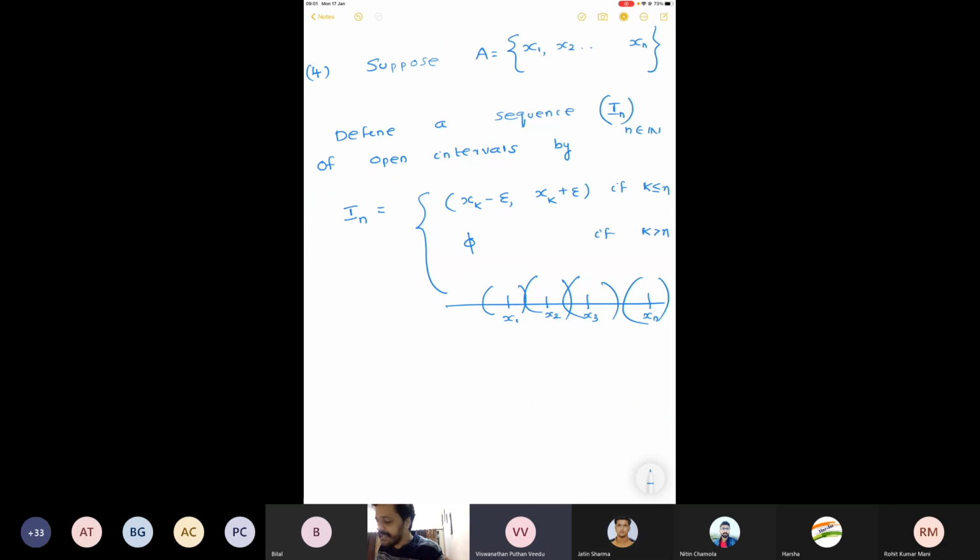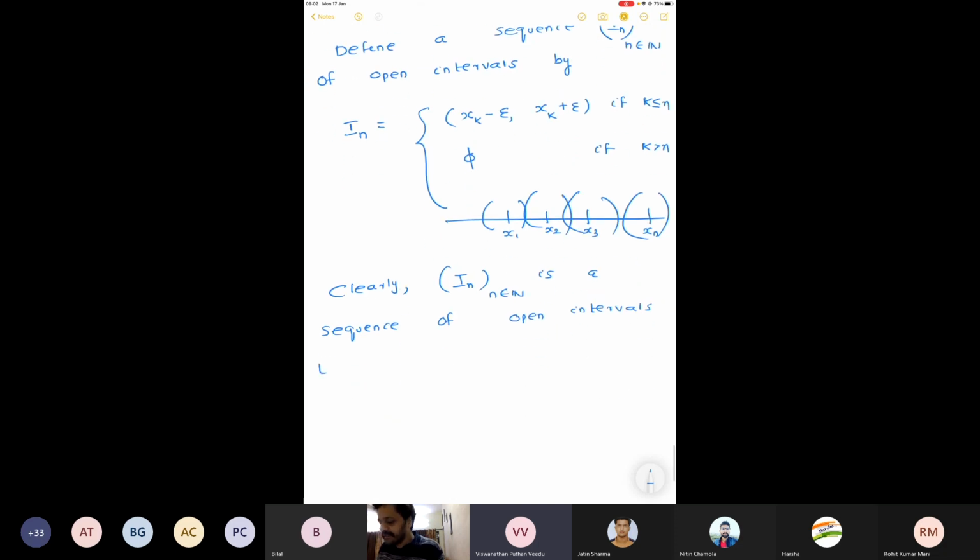Clearly, In, n belongs to N, is a sequence of open intervals that I have already written, a sequence of open intervals that covers A. Now, what should I do to find m star of A?